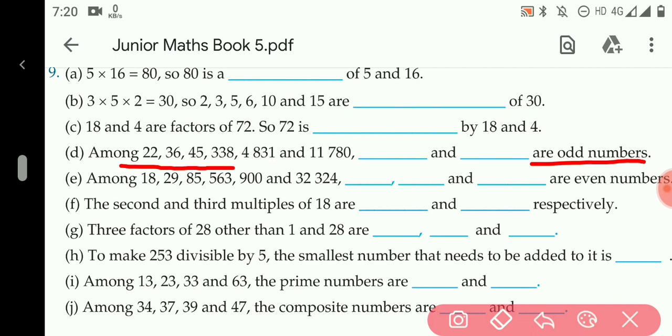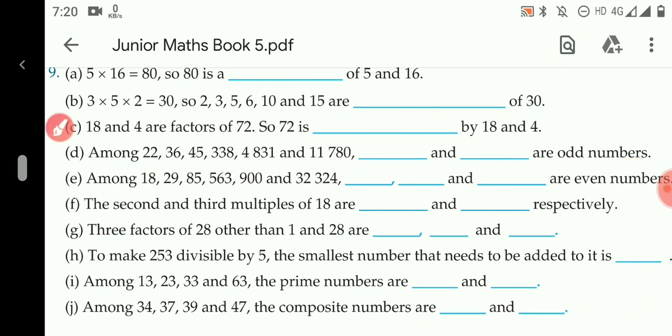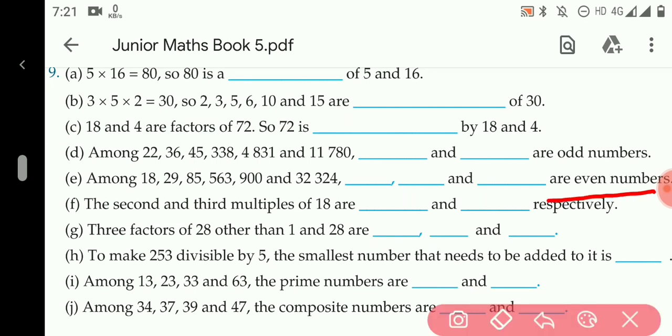You have to find among these numbers which are the odd numbers. In E part, among 18, 29, 85, 563, 900 and 32,324, dash, dash and dash are the even numbers. So what are the even numbers? Even numbers are those numbers which are completely divisible by the table of 2. So find out these numbers and write it by yourself.